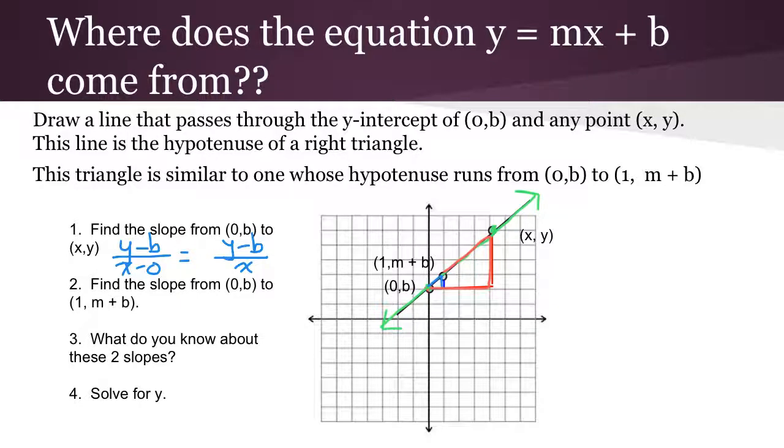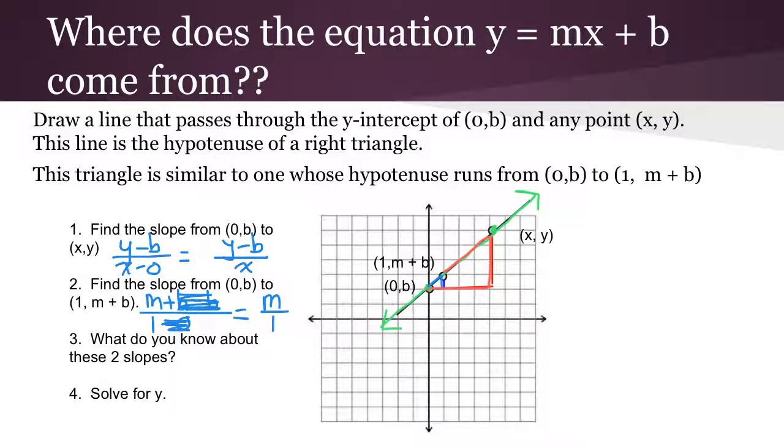If I want to find the slope of my little guy, I would still take my y coordinate, y minus y on top, x minus x on the bottom, and that gives me m over 1, because those will cancel, and you can't do anything with that.